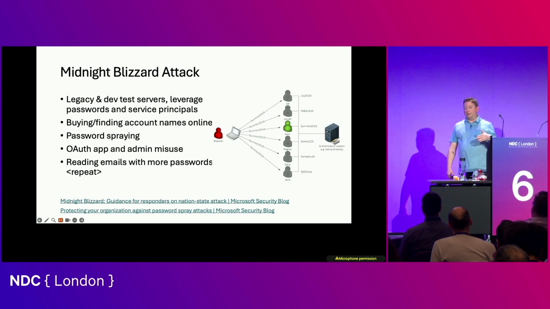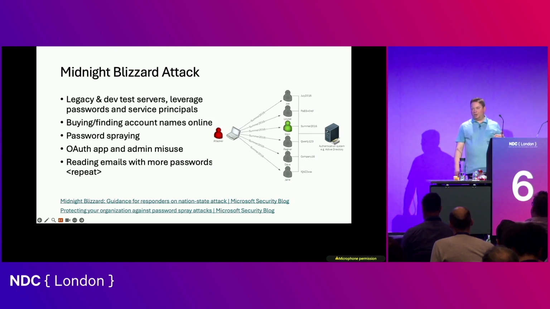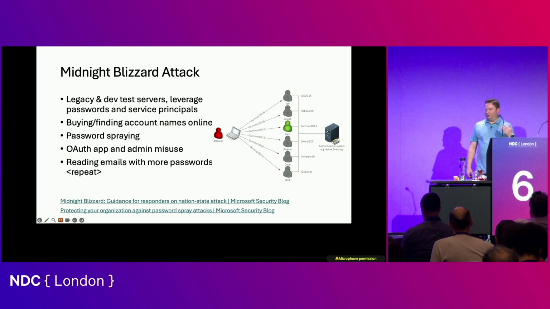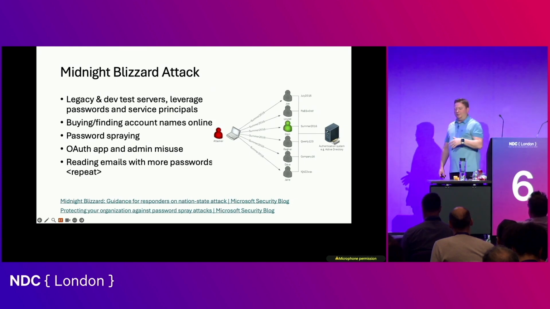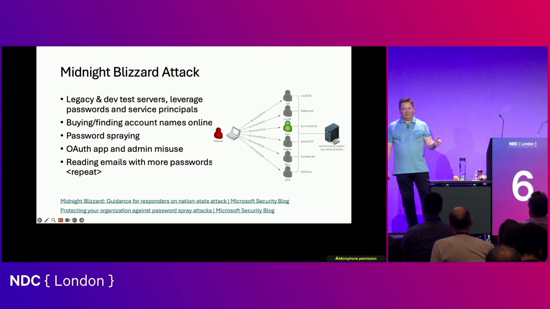We would set up service principals in the Active Directory, now called Entra, and we had these service principals that effectively had full God mode access to other things on the network. So these servers, even though they weren't as important to us, being dev test in nature, had these legacy credentials assigned to them, and those credentials now had keys to the kingdom to get in.